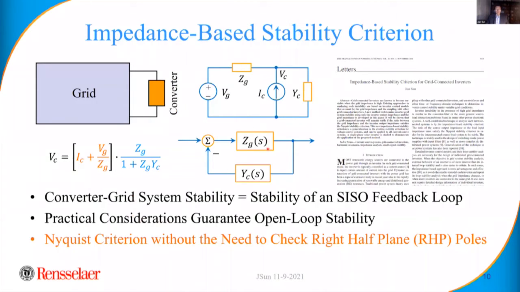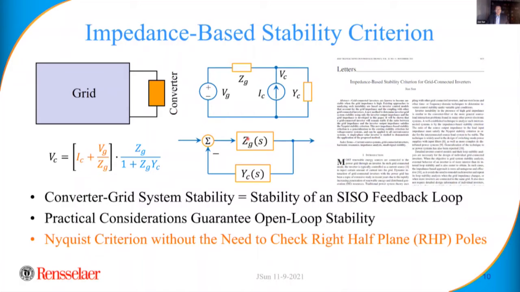Both of these transfer functions, ZG and YC, are guaranteed to be stable. Why? For practical purposes, the converters should be stable when connected to an ideal voltage source. No matter who makes the wind turbine or PV inverter, if they can sell the product, obviously that converter has to be able to operate stably, at least when it connects to an ideal grid. That's a minimum requirement, otherwise you cannot sell your product.